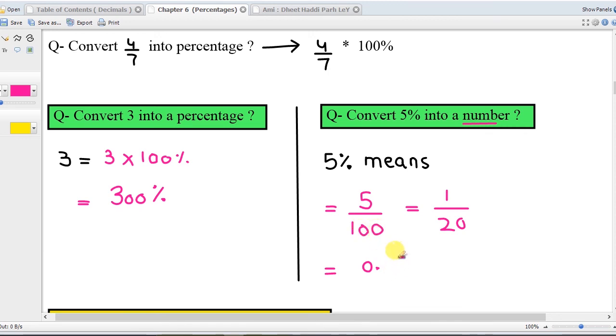It means there should be 2 decimal places. So put 5 here and 1 0 here. If you divide 5 over 100, the value we're getting in decimal form is 0.05. Or simply you can divide this and you'll get the same value, 0.05.